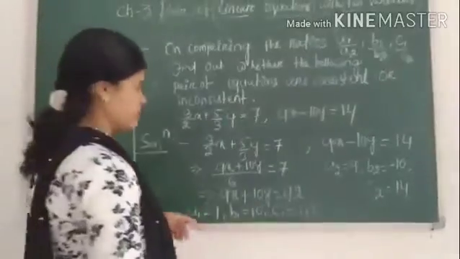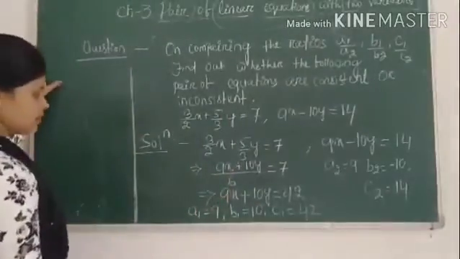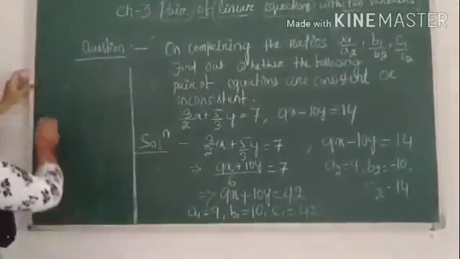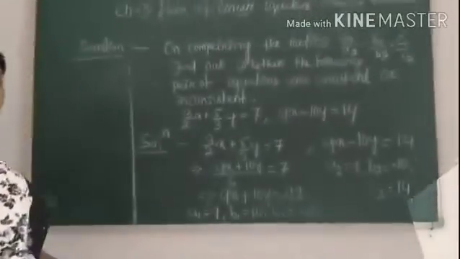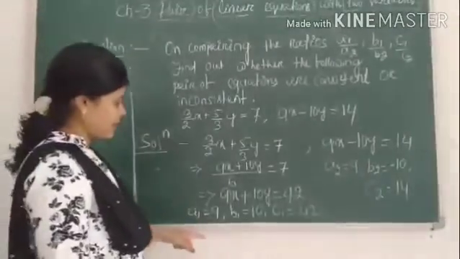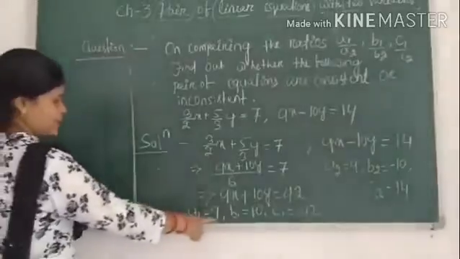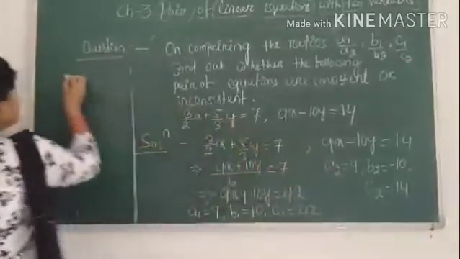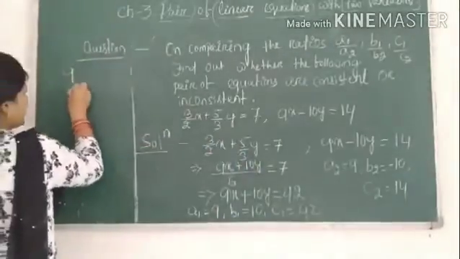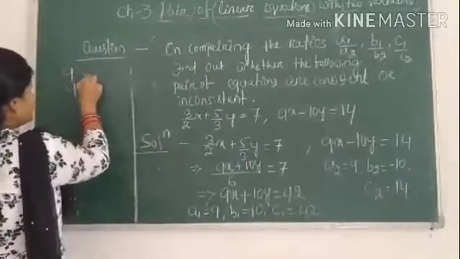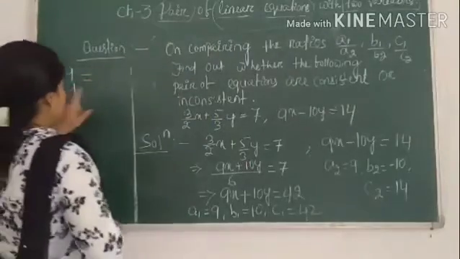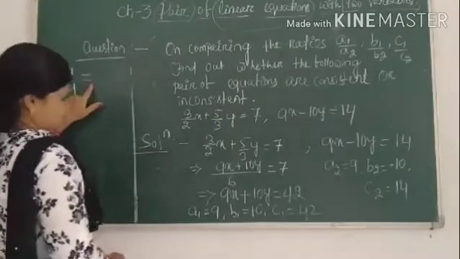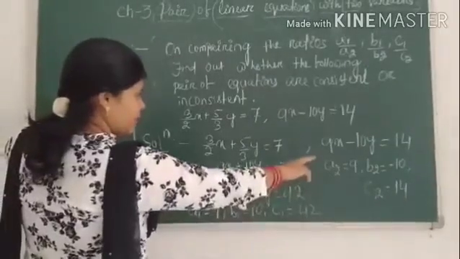Got it? So after that you have to find out A1 by A2 and B1 by B2. Here I am going to write A1 by A2. So here A1 is your 9, A2 is your 9. So 9 by 9 is equal to B1 by B2.